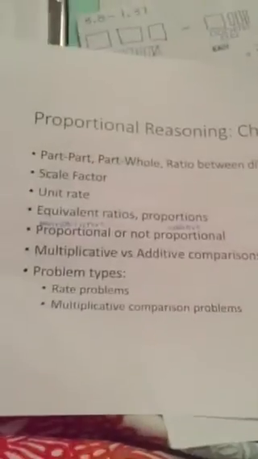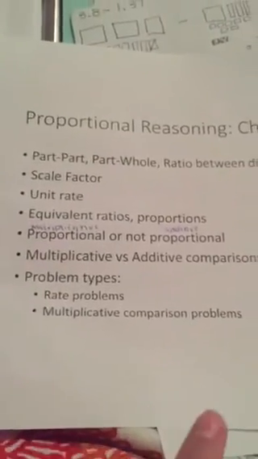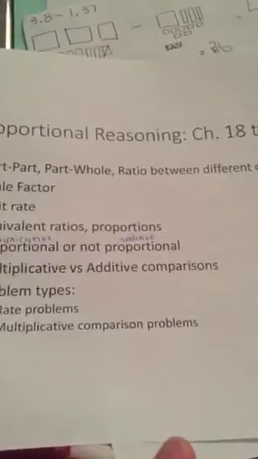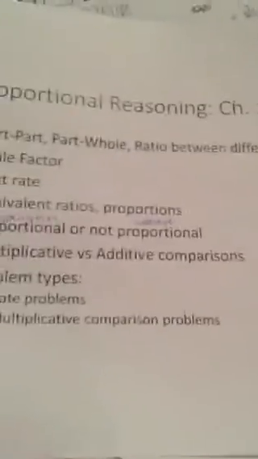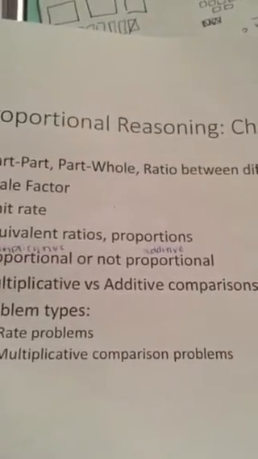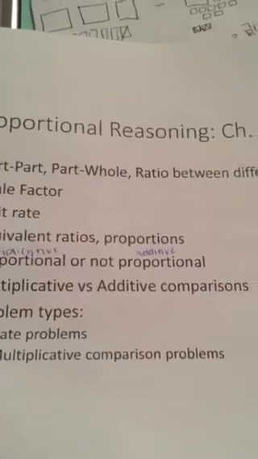So it would keep multiplying, as in multiplicative. But if it was increasing by 15, adding instead of timesing, it wouldn't be proportional because you just keep adding 15 instead of multiplying.